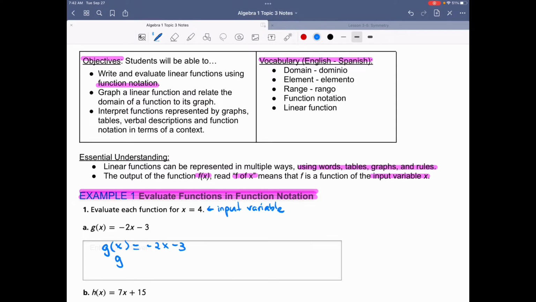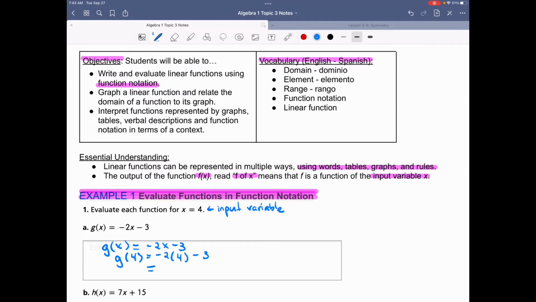So in place of x, we will put in the number 4. That process is basically saying plug in the number. Now we solve for the right side.